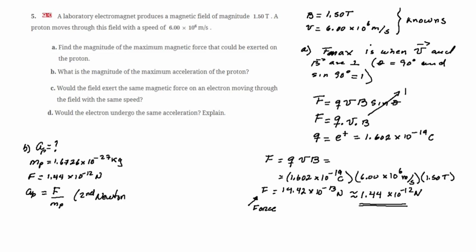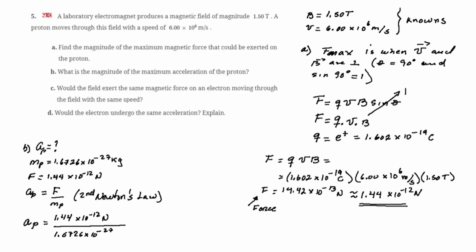When I calculate this acceleration, I get 1.44 times 10 to the negative 12 newtons over 1.6726 times 10 to the negative 27 kilograms.